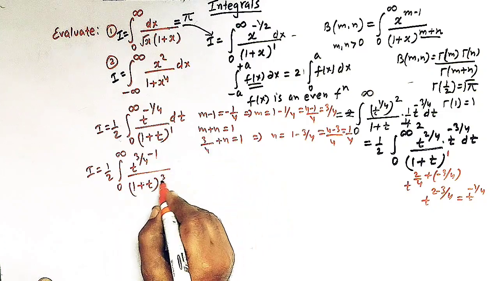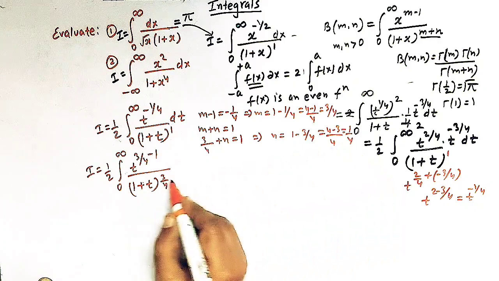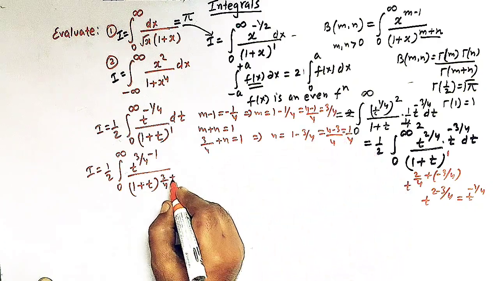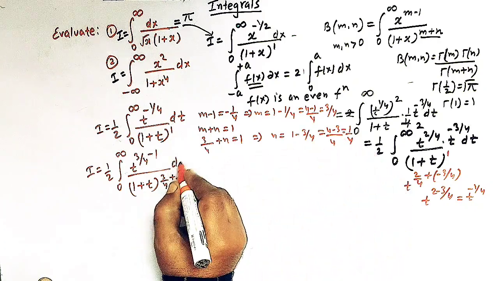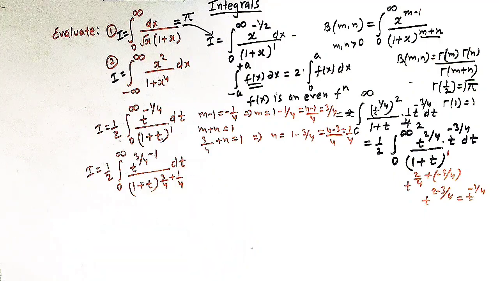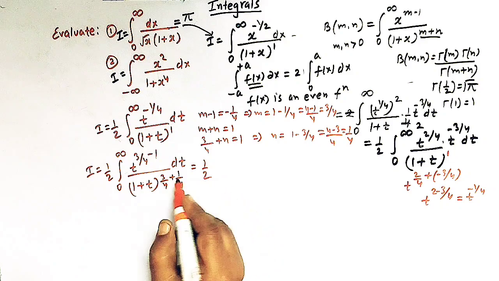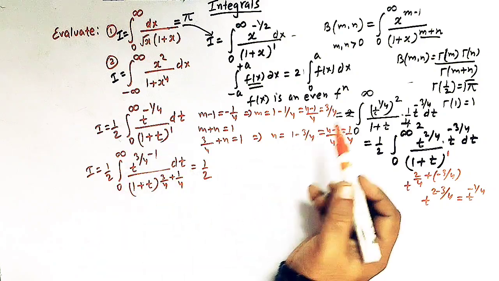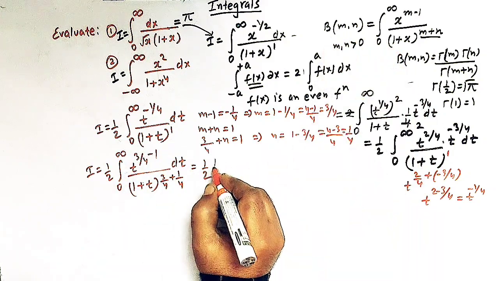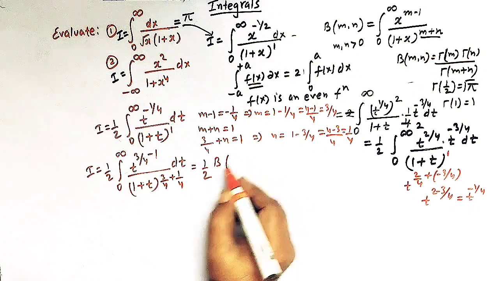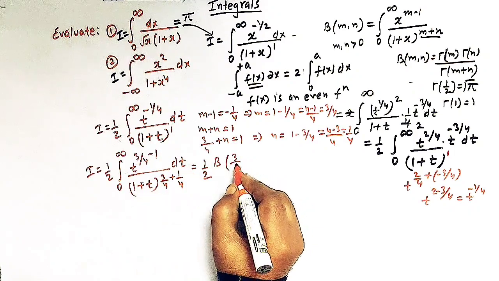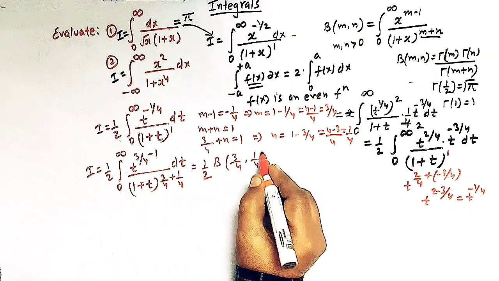So m is 3 by 4, and n is 1 over 4, and here we have dt. So now we have half, and this integral is given by the beta function. So beta m comma n, we have 3 by 4 and 1 over 4.